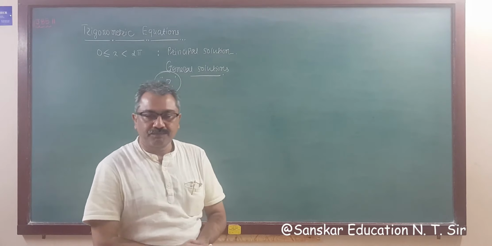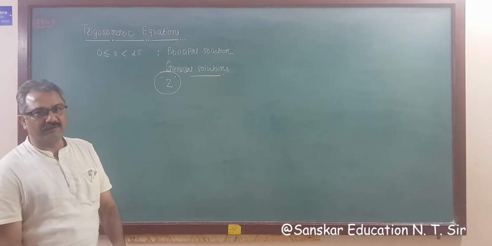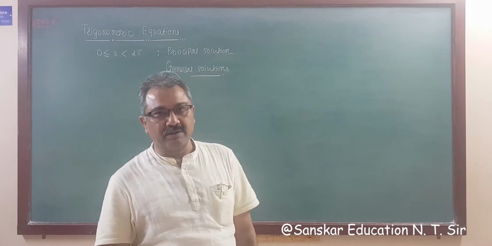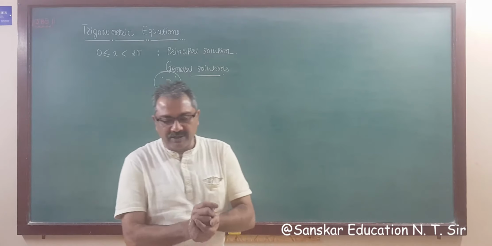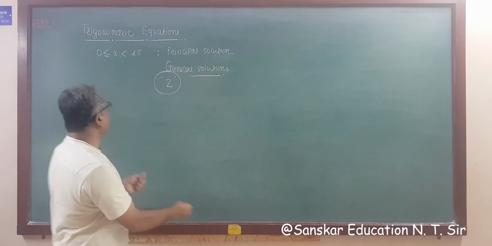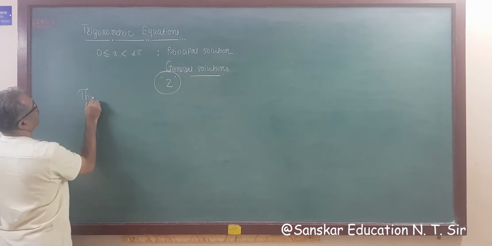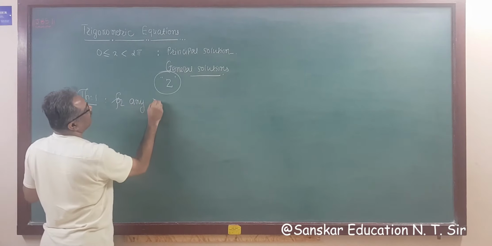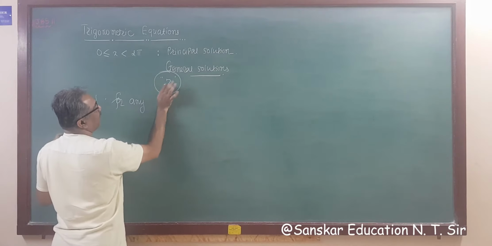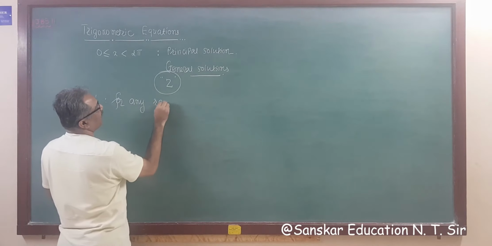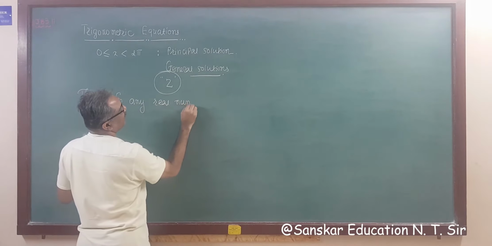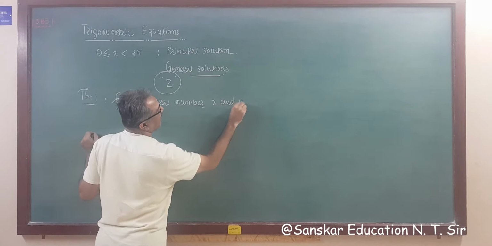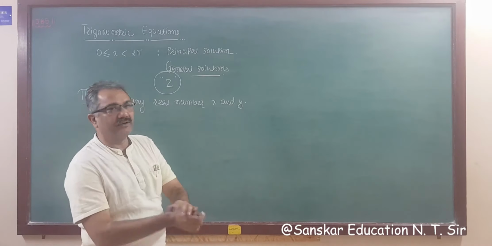So now how to find the solution of these trigonometric equations? For that we have a theorem. Theorem number 1, for any real numbers x and y, this is given in your textbook.